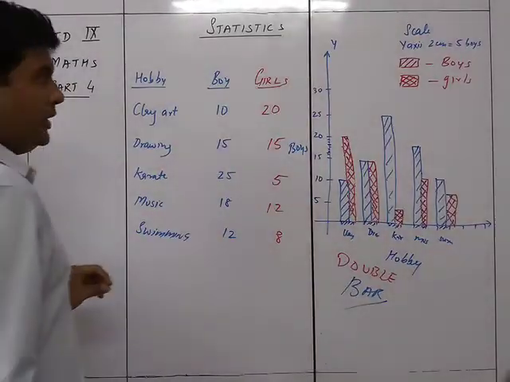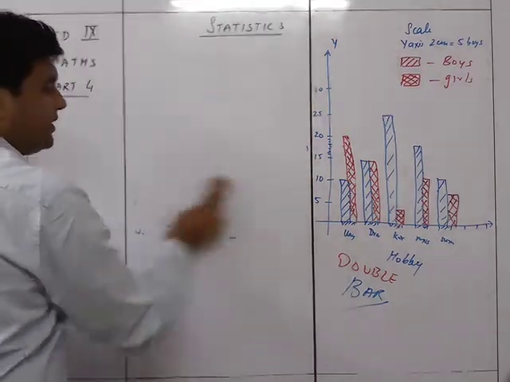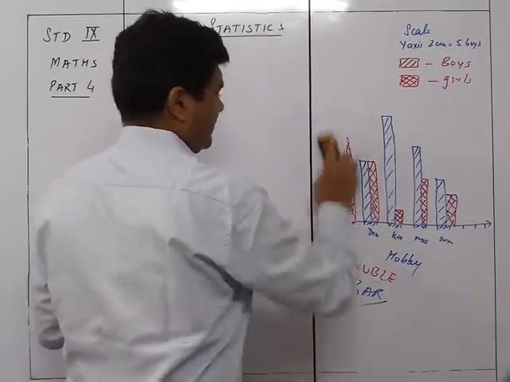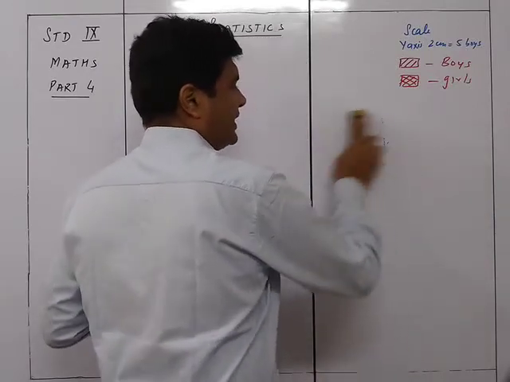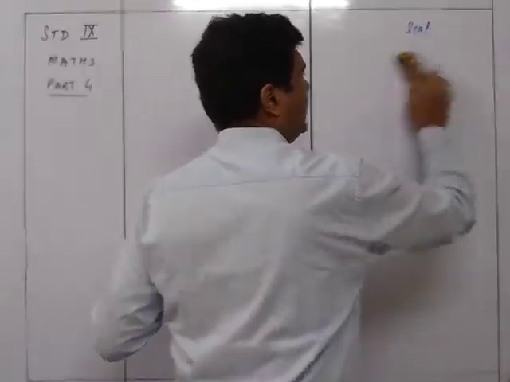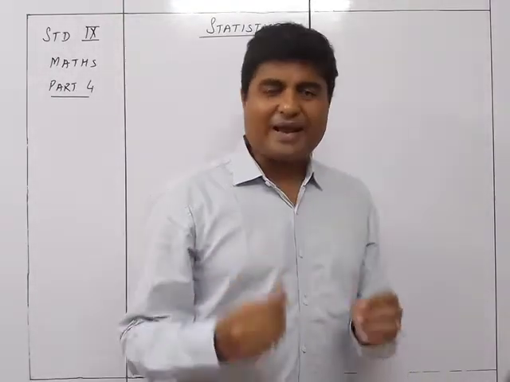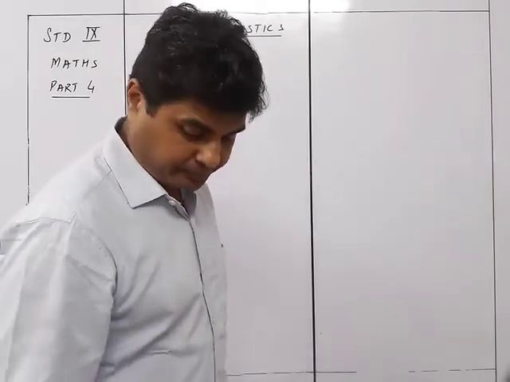Now, as I told you, in case of a histogram and a frequency polygon, the data we'll be having will be continuous data, or we can say grouped continuous data. We already studied how to convert ungrouped, non-continuous data into continuous data. So we'll take a direct example of continuous data to make it easy to understand.